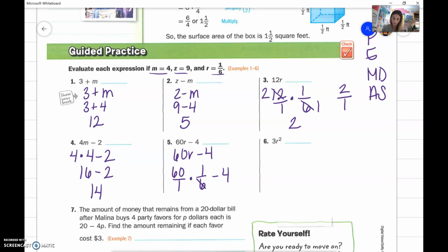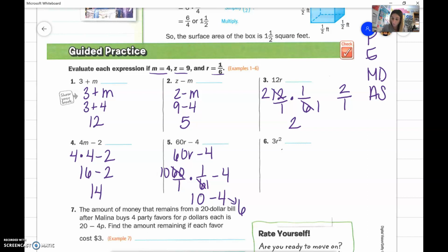Multiplication, division, left to right, yes. 6 divided by 6 is 1. 60 divided by 6 is 10. So 10 times 1 is 10, and 1 times 1 is 1. So I get 10, and I bring down the minus 4. 10 minus 4 is 6.